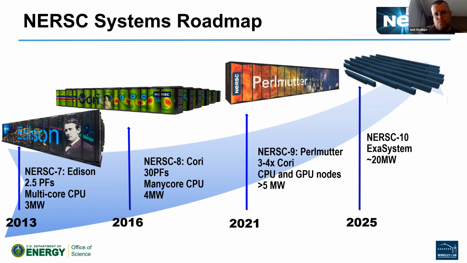But I will say that we're also already beginning to think about what's next. The NERSC-10 procurement is kicking off or underway, and this is a system that we expect to be our first exascale class system that would arrive in the 2025 timeframe. Not much I can say about that yet, but it's in flight. Okay, next slide.